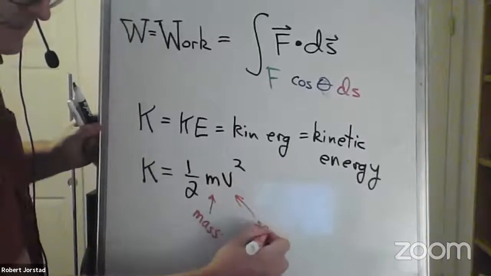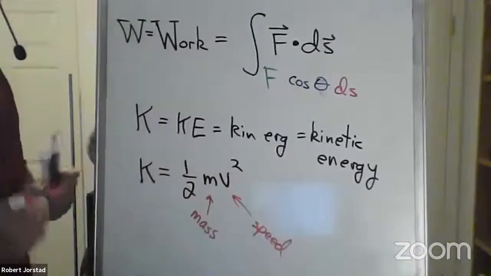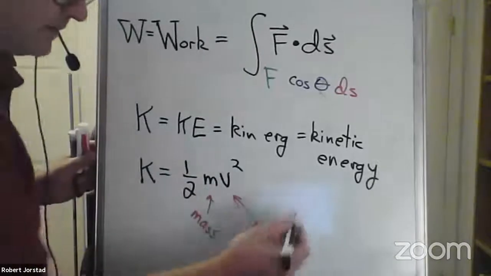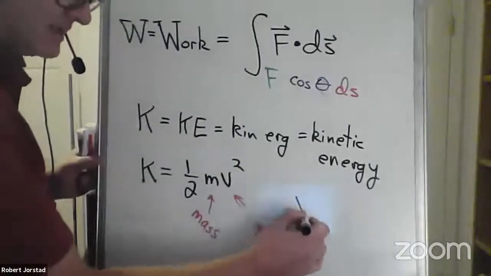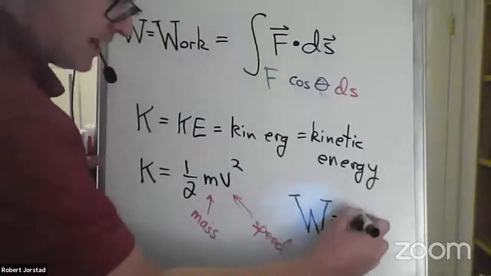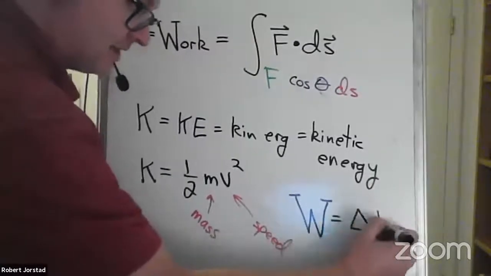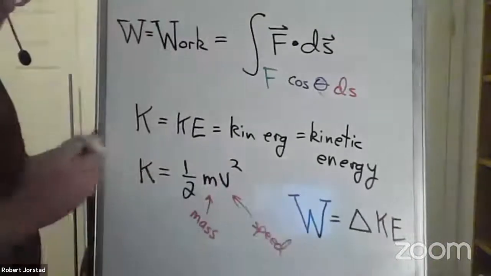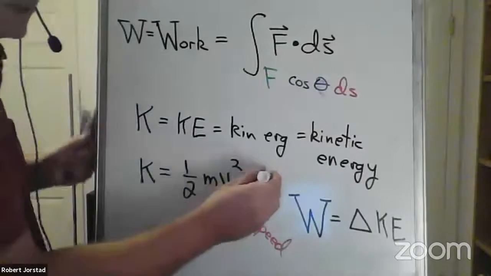This is speed. Okay, and the equation that helps us relate these two, why am I bringing this up? It turns out that work equals change in kinetic energy. This helps us understand something.